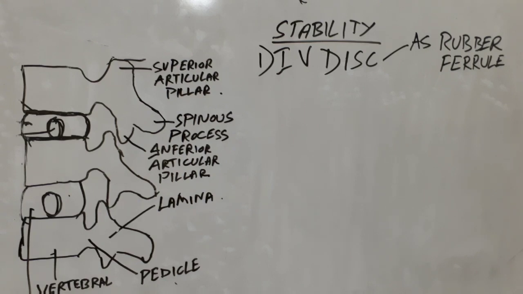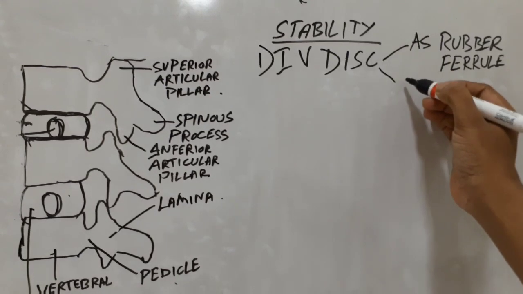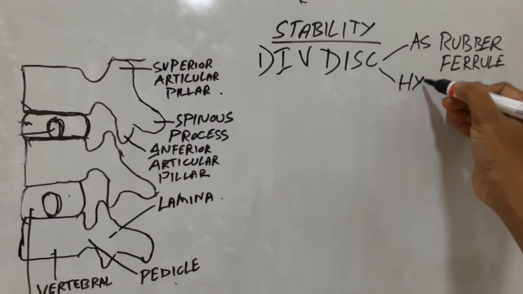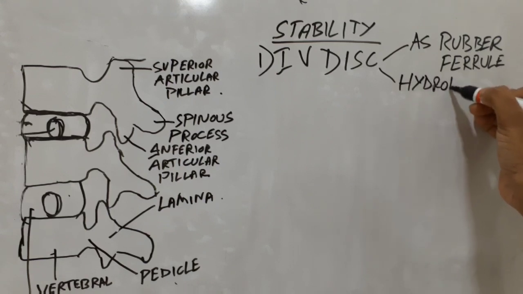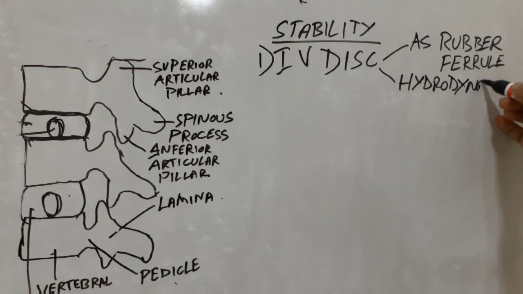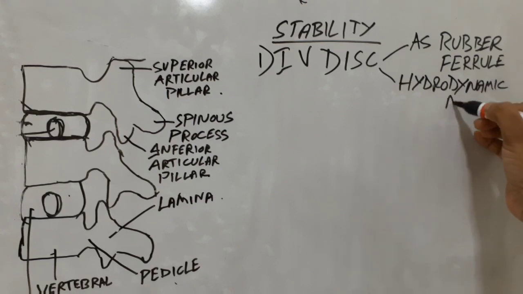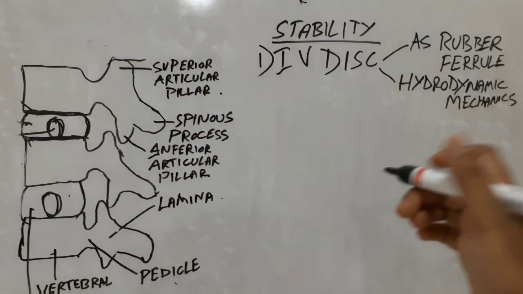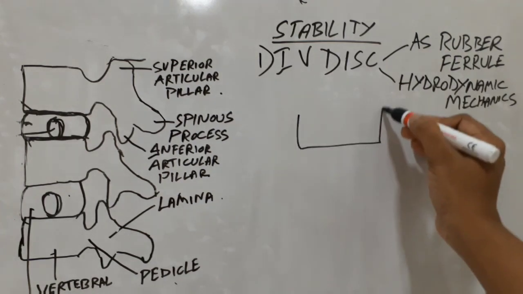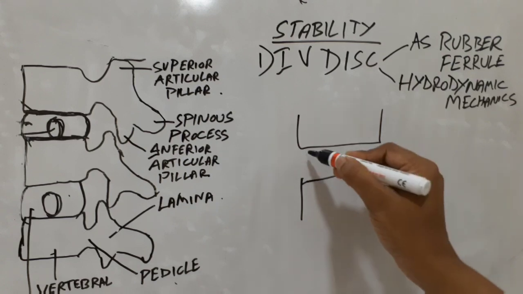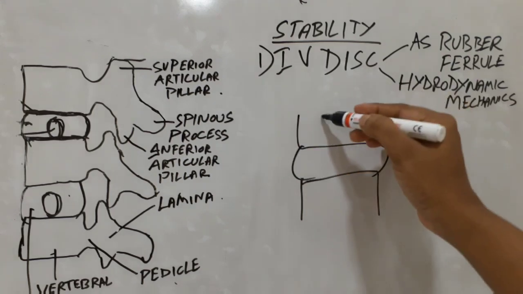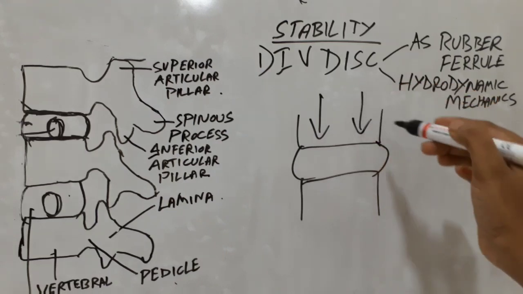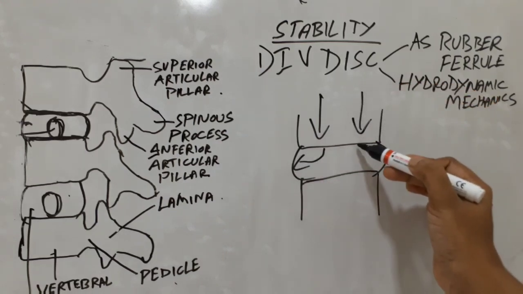So the next way it helps is the hydrodynamic mechanics. This I had explained to you in the last class. See, when you have a vertebra above and a vertebra below and there's a disc, what happens? The pressure applied will get dissipated.